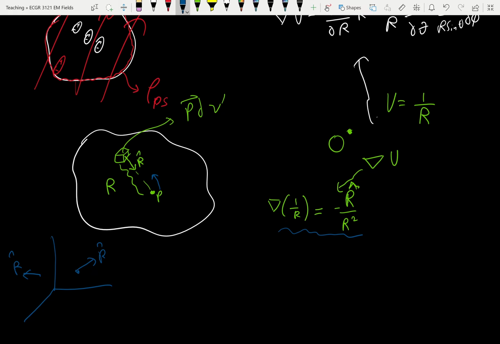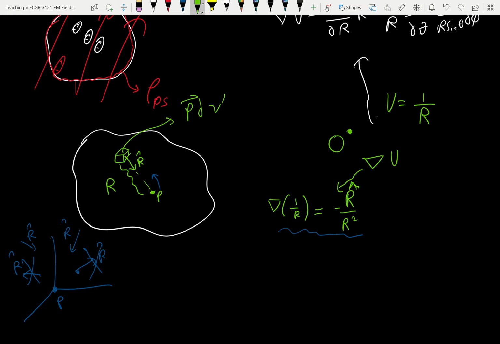But the way we build this problem, we are integrating over the material, and the r hat vector is pointing from every point in the material to P. So this is P, let's say. R hat is always pointing in the opposite direction. So for this problem, instead of r hat, we should have minus r hat, right? Because r hat is pointing in the opposite direction from what we're interested in for the integral.